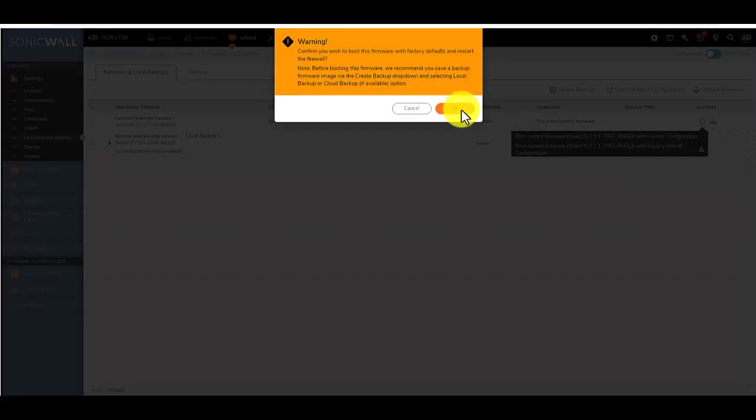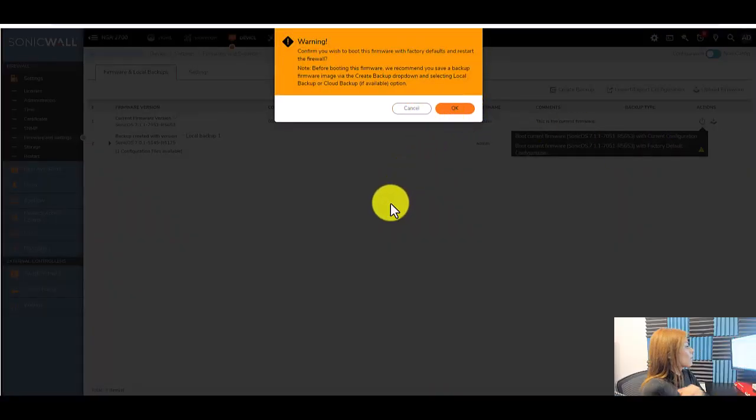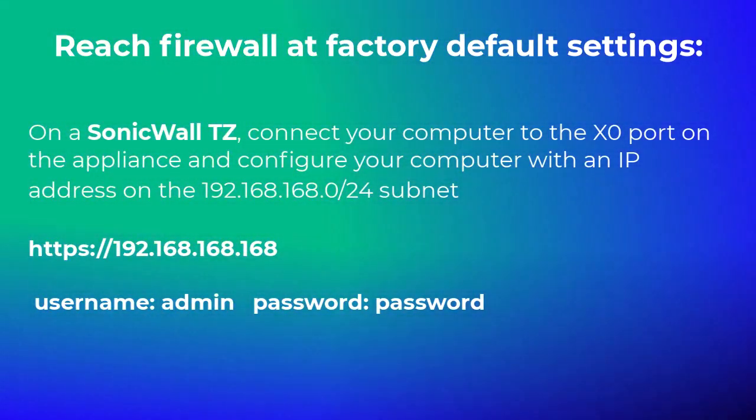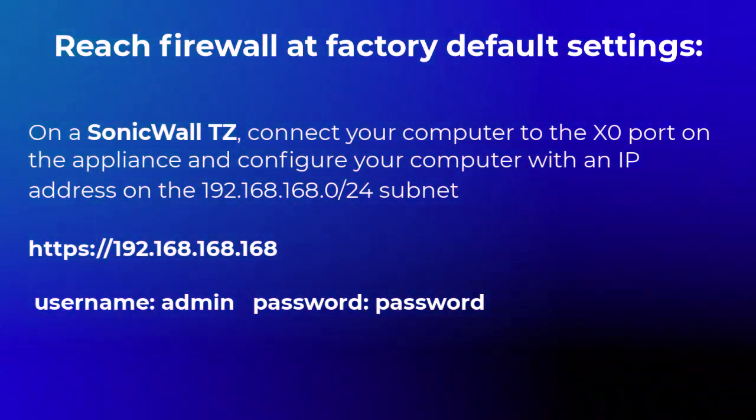So go ahead and click that and then click OK. Now your firewall will reboot and it will be accessible on IP address 192.168.168.168. Be sure to change your NIC configuration to be able to reach the firewall now.